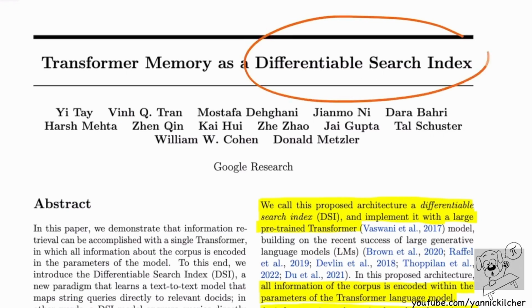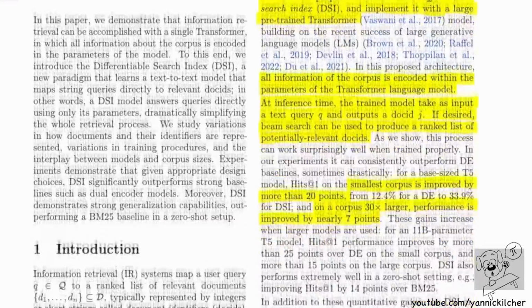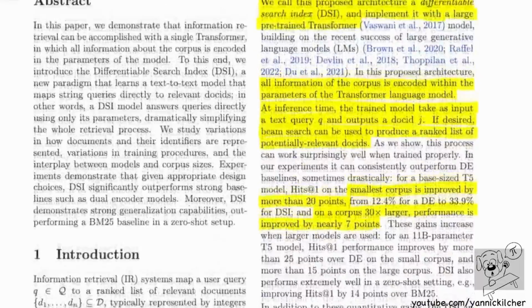It's a differentiable search index, which means that this can be part of larger neural network architectures because it is fully differentiable, and it can be trained essentially end to end at once. And that means we can potentially employ reinforcement learning agents with kind of retrieval abilities and much more things. So we'll dive into the paper, we'll see what it's about. The idea, as I said, is pretty simple.